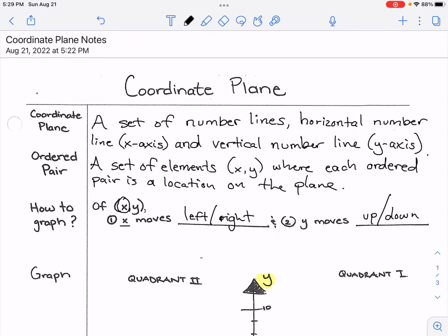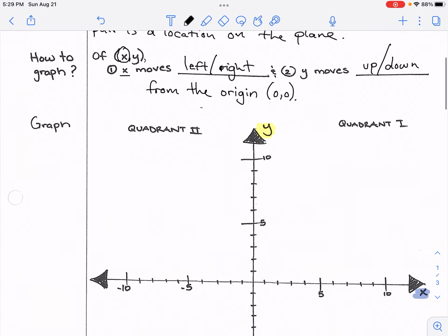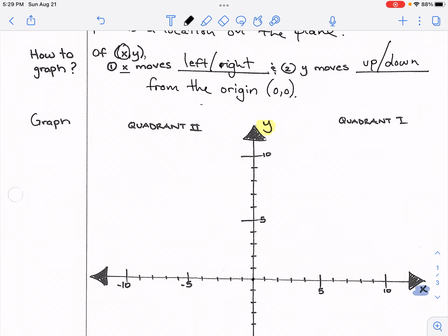Now it's moving from a specific place, so underneath we're going to say from the origin, a vocab term that it didn't include. Hopefully remember, the origin is the address on the coordinate plane that represents (0, 0), and (0, 0) is right here.